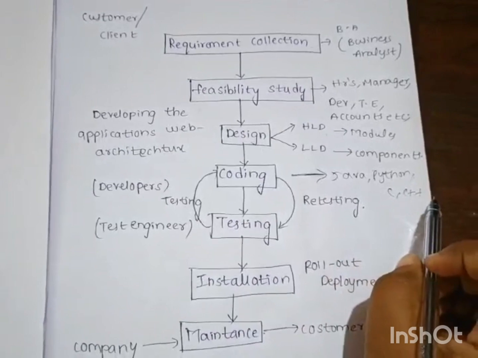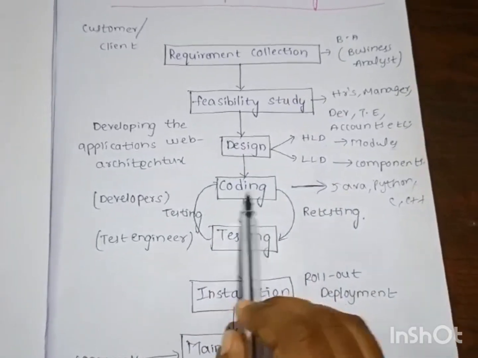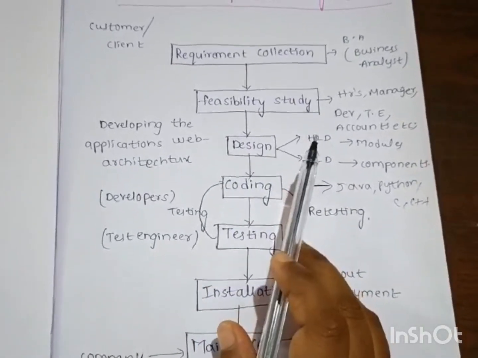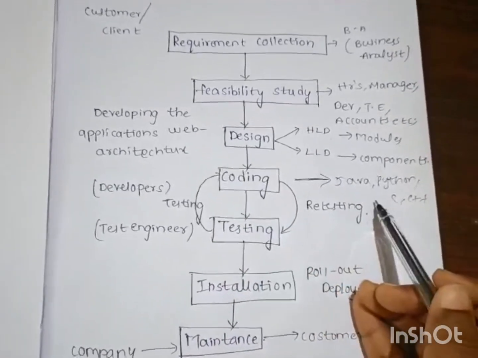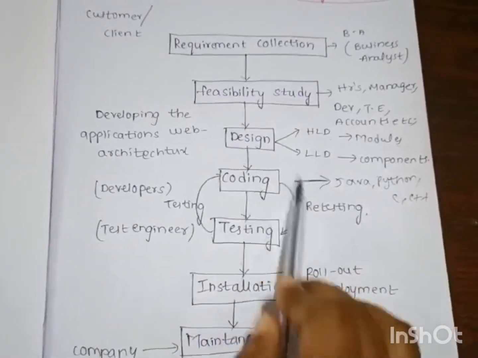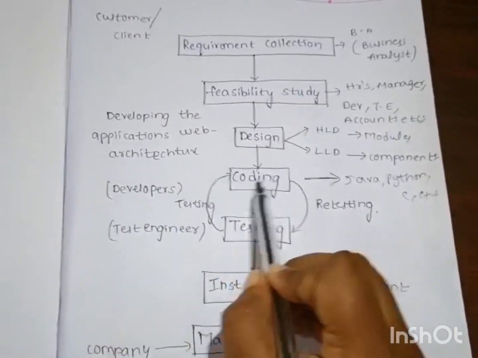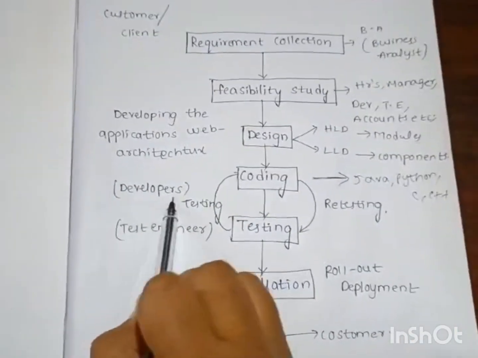We can write the code and develop the application in whichever language we are comfortable. So this phase is done by the developers. Coding is written by the developers.